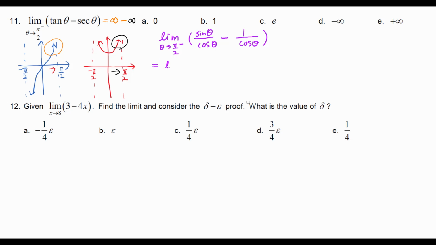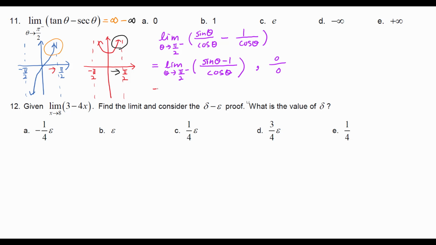So that would be the limit as theta approaches pi over 2 from the left of (sine theta minus 1) over cosine theta. So sine pi over 2 is 1. And 1 minus 1 is 0. And cosine of pi over 2 is 0. So I have 0 over 0. So you get to use L'Hopital's rule.